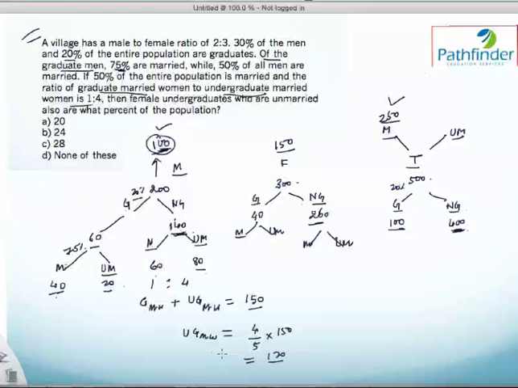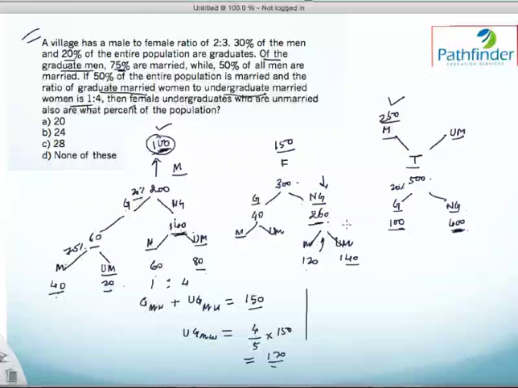So we know that undergraduate married women are 120. But we are asked how many female undergraduates are unmarried. From the non-graduate females, married we have already calculated as 120. So how many would be unmarried? 260 minus 120, 140 should be unmarried.